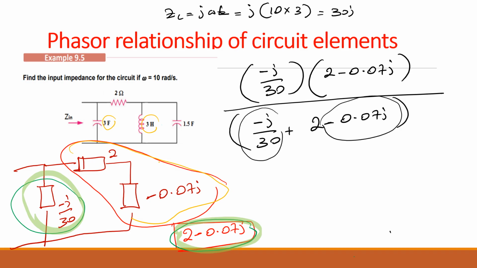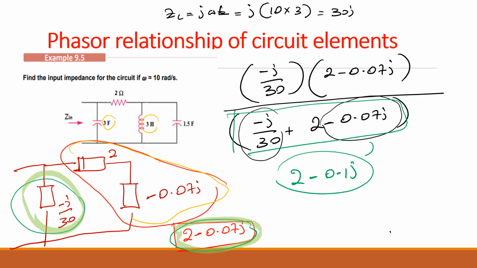So you have 2 minus 0.1j at the denominator. Am I right? This part, if you solve it, you get this. Very close to 0.1, isn't it? If you round up.